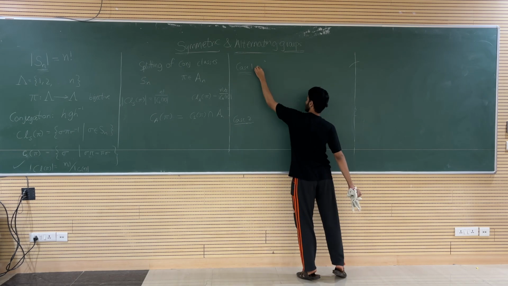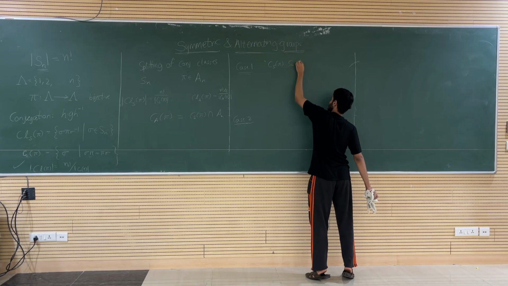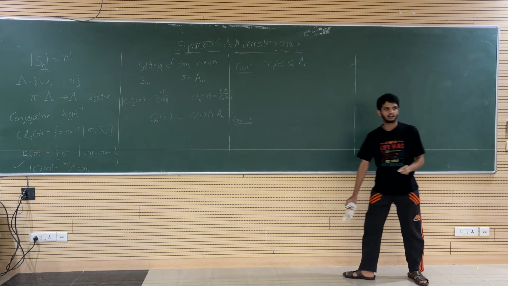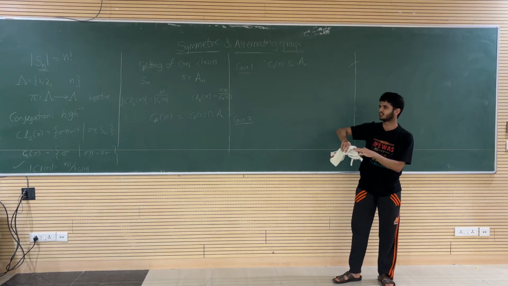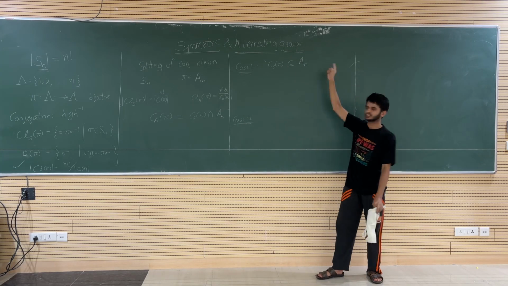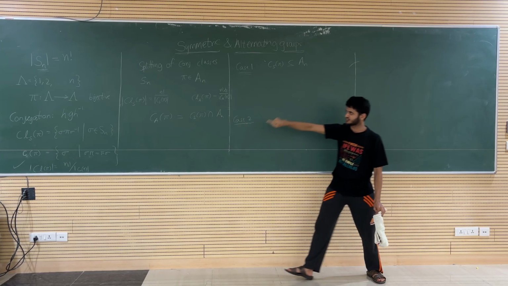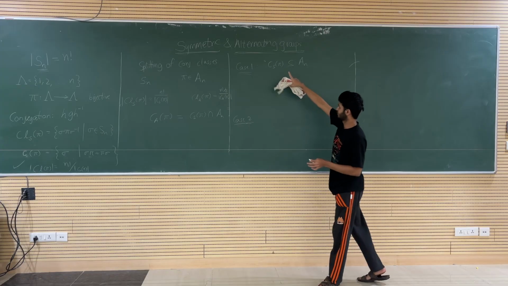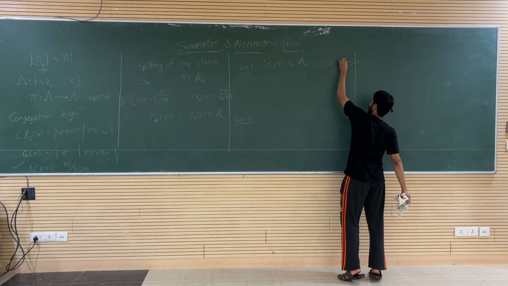Case 1, when the centralizer sits inside An. First I'll write it as a mathematical statement, now I'll explain it in English also. This means all the elements which commute with pi are even permutations. That's the meaning, right? If this is the case, you can easily compute this. If this happens, what is the relation between this and this?